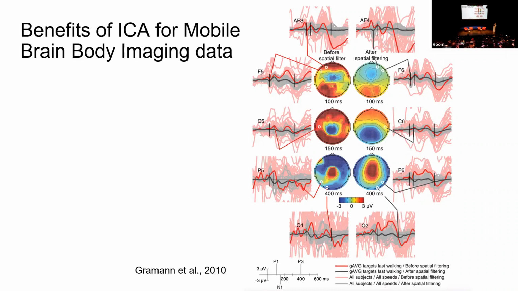In the background, you can see that it's really variable and the activity is really big. And the gray lines are the ones after cleaning with ICA. You can see that here it really makes a big difference because the signal can be completely buried in noise. So the benefit of using ICA always depends on your data and the application that you have.